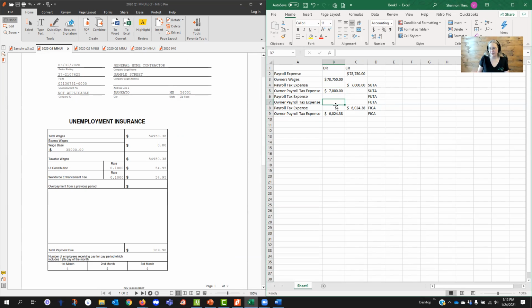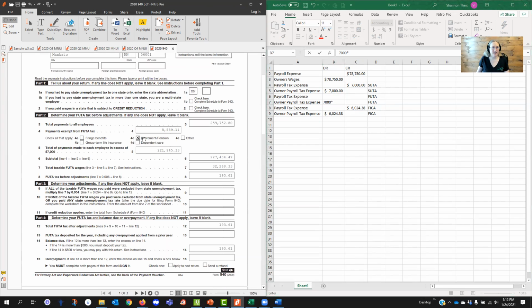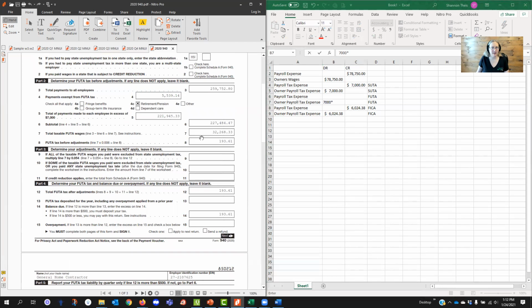But for FUTA, that's pretty simple because the federal wage base is $7,000. And if we have the 940, it will tell you what percent they paid.